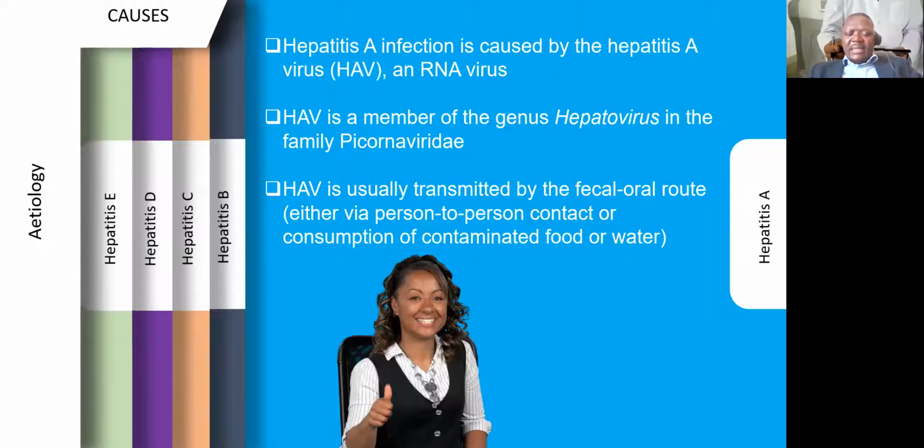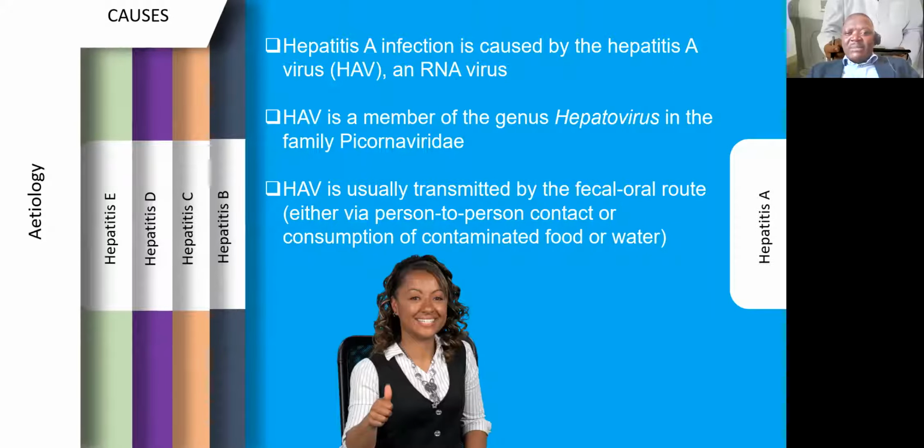Hepatitis A, before I go into that, the nomenclature A, B, C, D, and E is not graded due to severity. It is just for convenience, okay? Hepatitis A infection is caused by the virus known as hepatitis A virus. Very simple. It's an RNA virus, and I'm going into these details because some people joining us desire to know some basic virology.